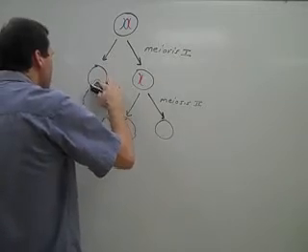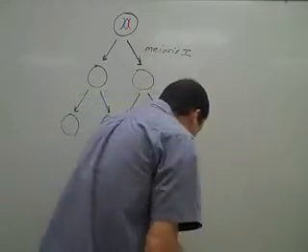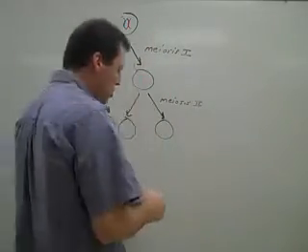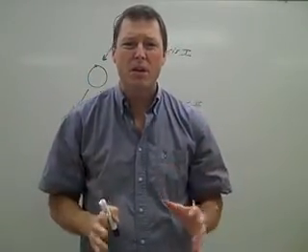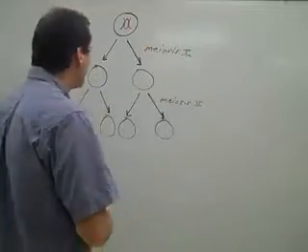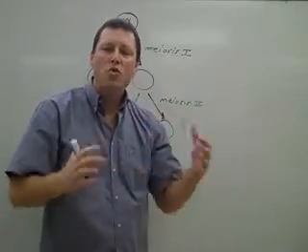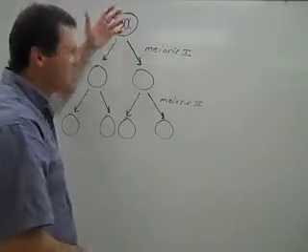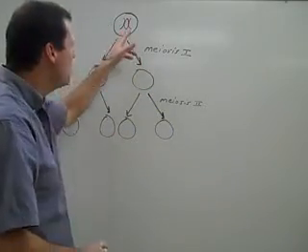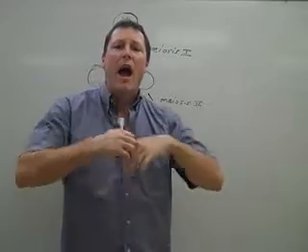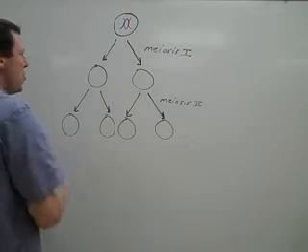Again, we're going to start with a tetrad, and this is going to be nondisjunction during meiosis 1, a failure to separate during meiosis 1. Here's our tetrad, and remember, that's only one out of the 23. Because nondisjunction is a rare event, we're going to assume that the other 22 that I'm not showing here are separating properly. So I'm only going to show you the problem with this one tetrad.